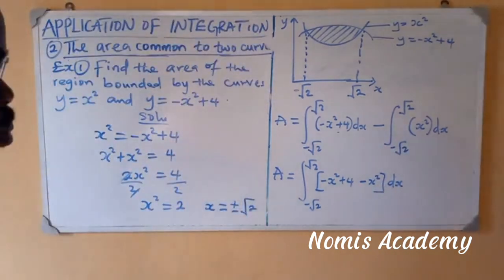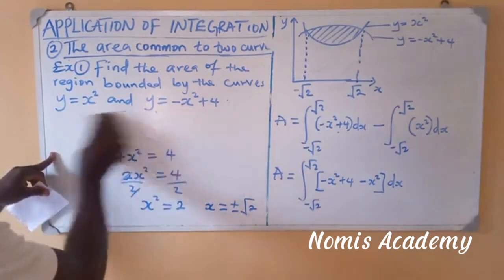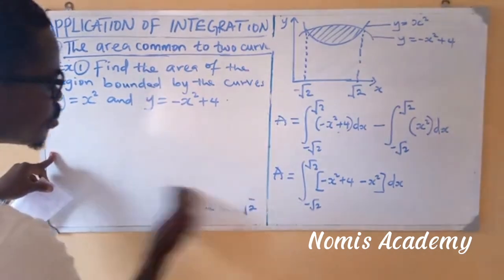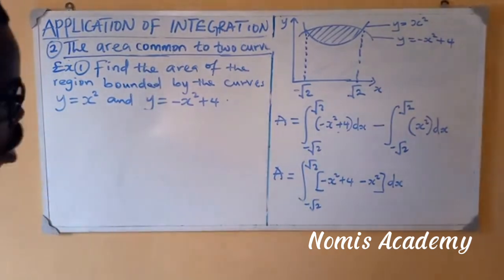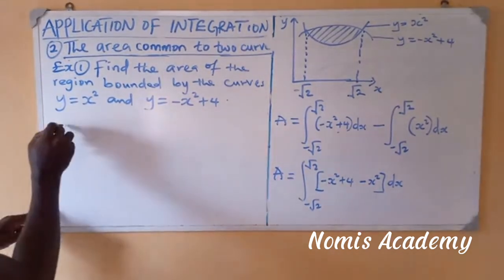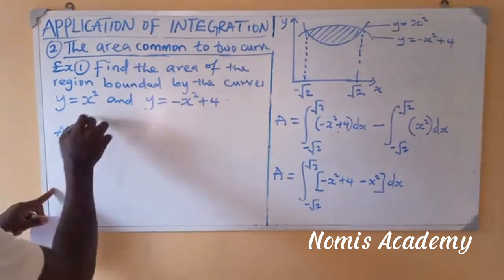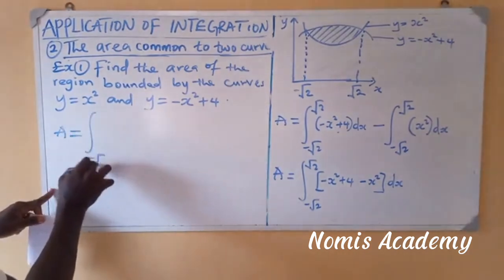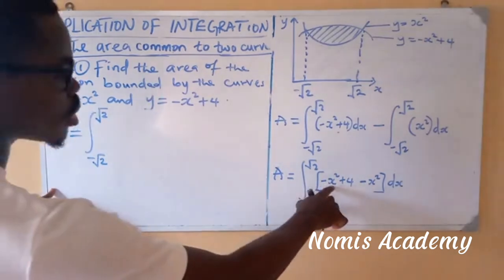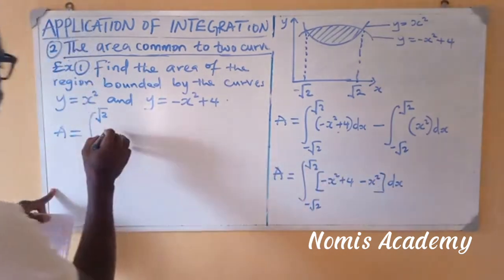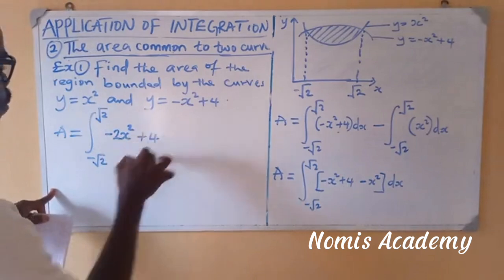Okay, let's keep moving. Let me clean the question from here. So we have area is equal to integral from minus root 2 to root 2, then minus x squared minus x squared. That will give us minus 2x squared plus 4.